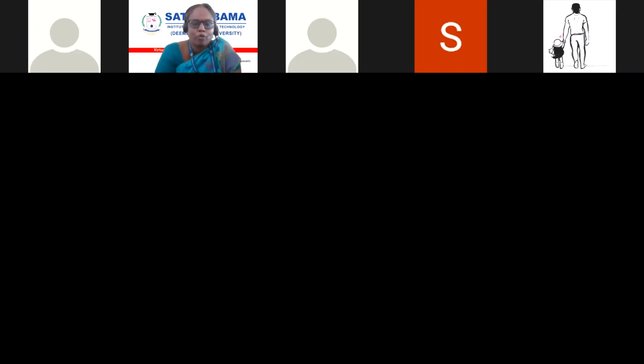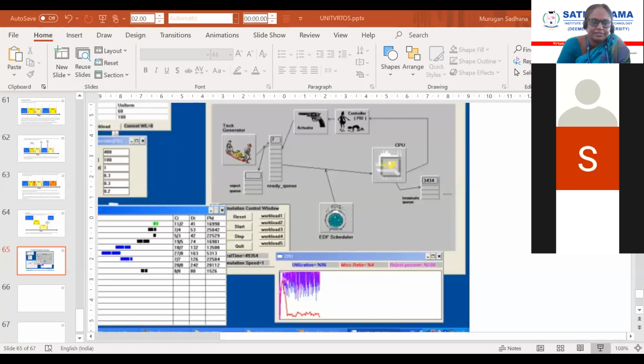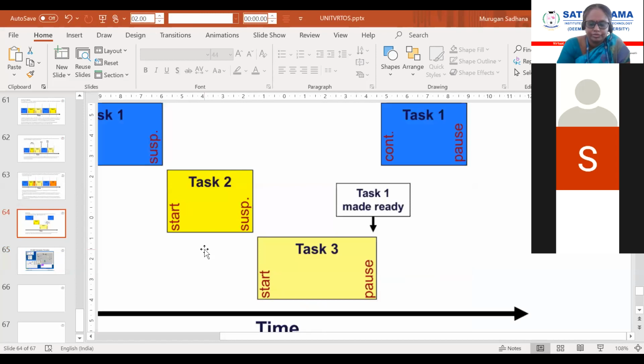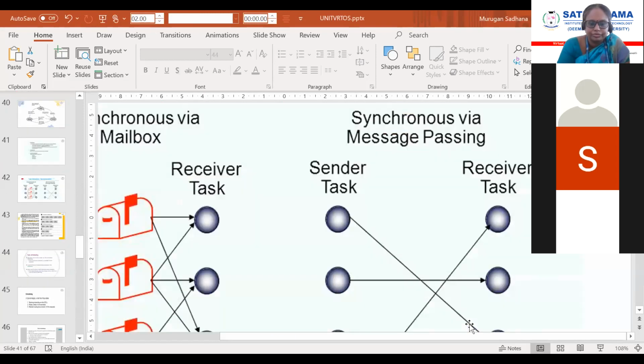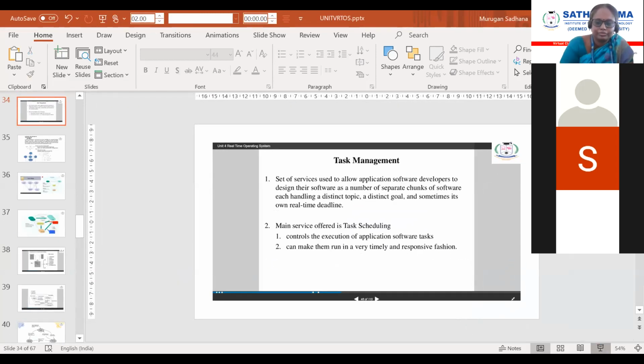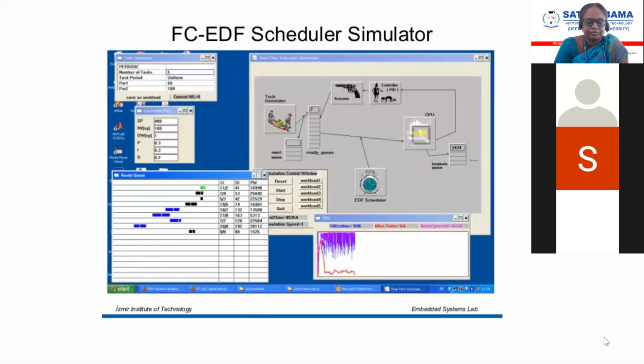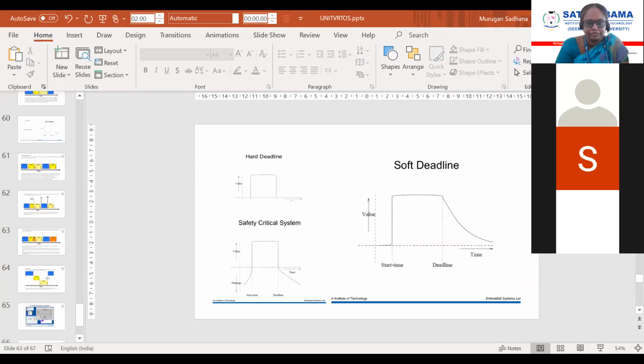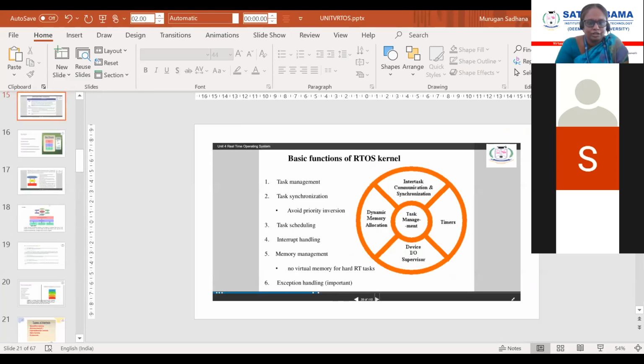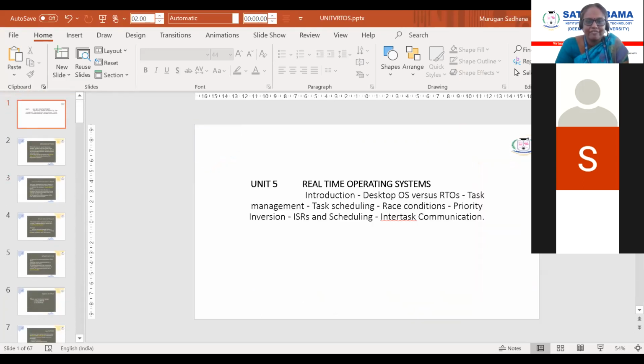So one more important question we have seen is task scheduling. Listen, today we have discussed the introduction, task management, and task scheduling is over.